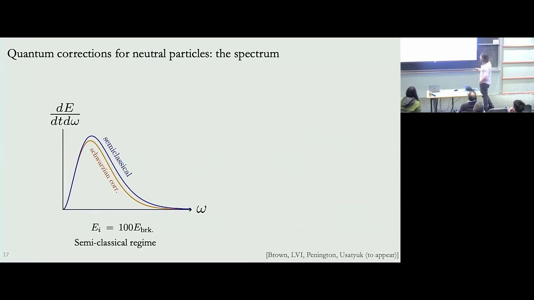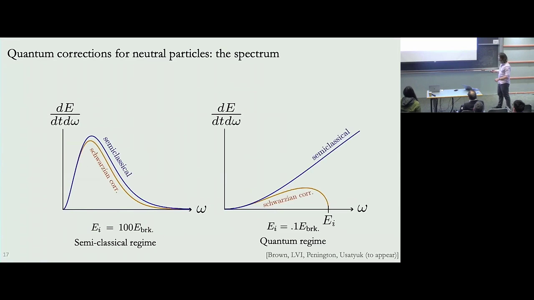If we start sufficiently far away from extremality, so 100 times the breakdown scale, you see that the energy emitted per unit time, per unit frequency window is kind of similar between the quantum corrected answer and the answer that comes from doing the QFT on a fixed curved background.